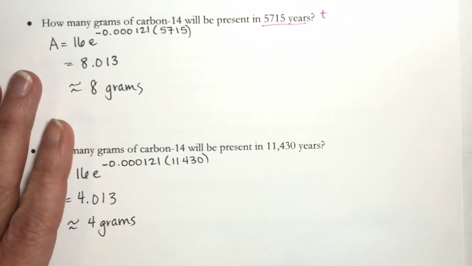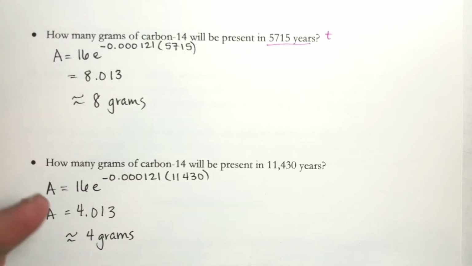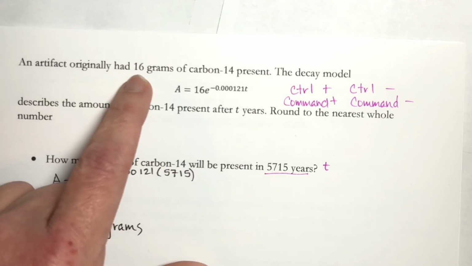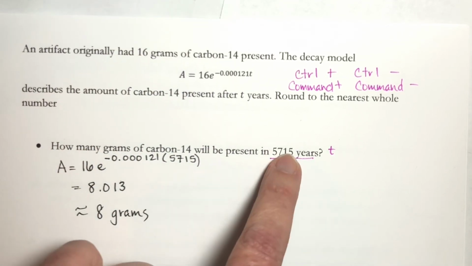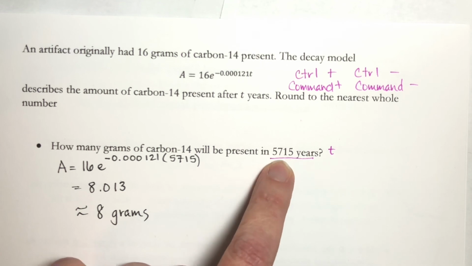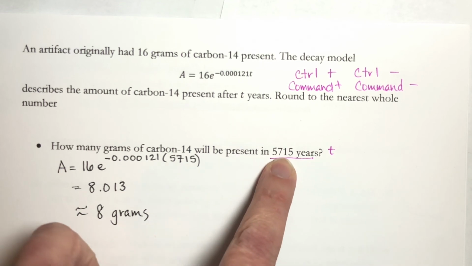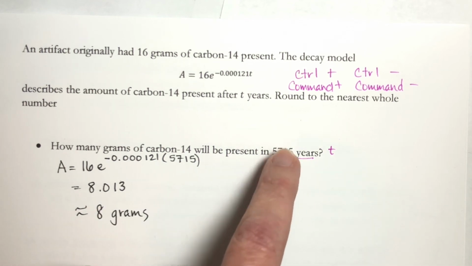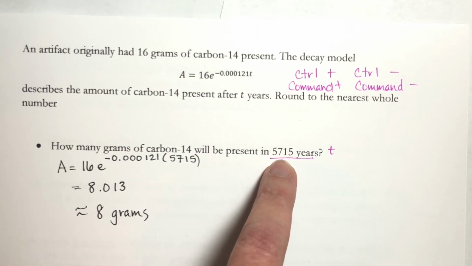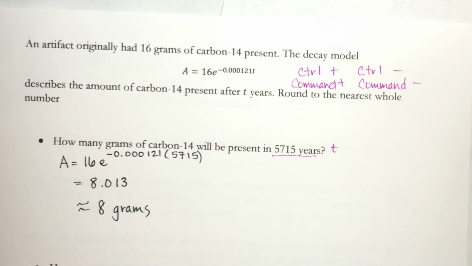Okay, now with radioactive decay, once you know the half-life, that stays the same. So right here, I mentioned half-life, we had 16, we went down to about 8 in 5,715 years. That's the half-life. So it's going to take another 5,715 years to reduce this in half.